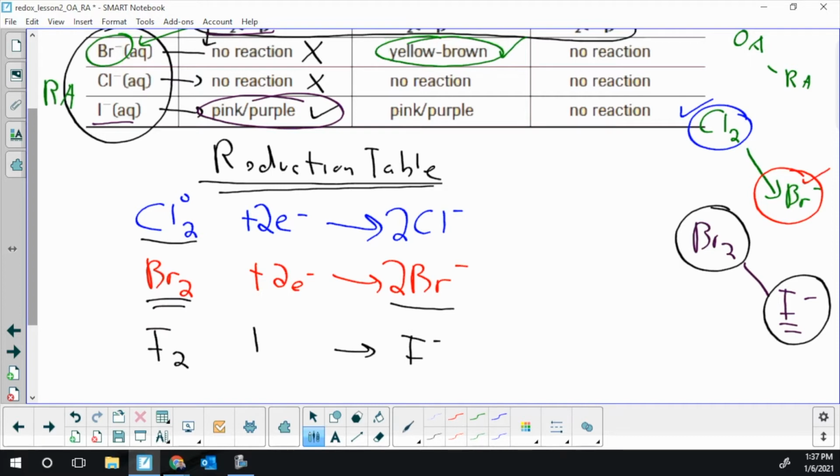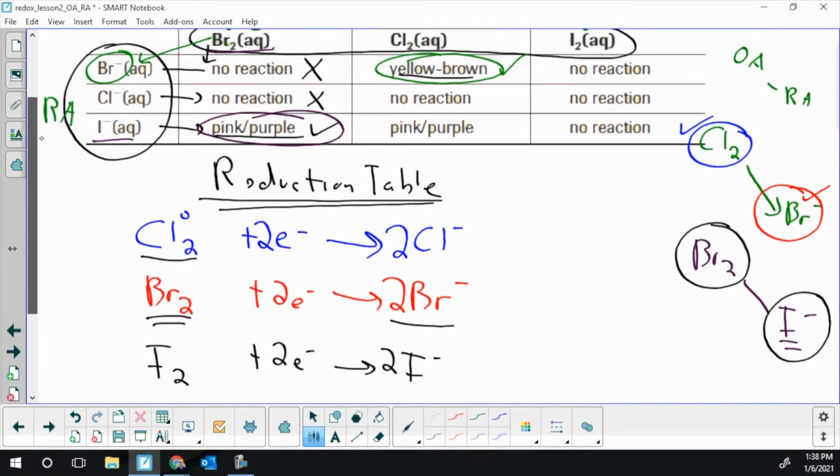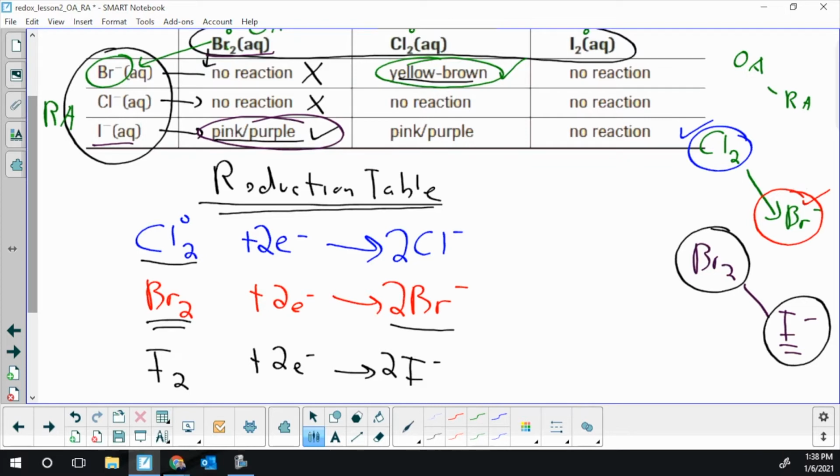These are all halogens, so we see the same type of layout. And that layout of the table matches the yellow brown data point, and it matches the purple pink data point with bromine reacting with iodide.